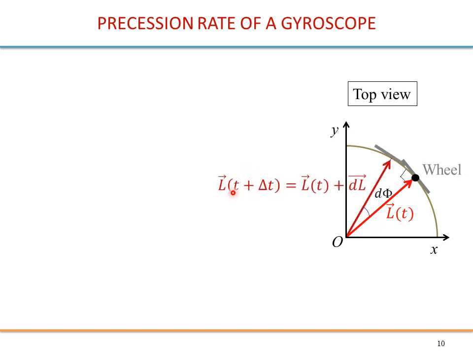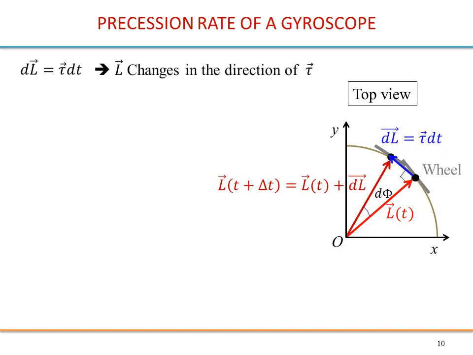At a time t plus delta t, L has changed, so our system has rotated by angle d phi, and L now is L plus dL. So the new momentum here is the original momentum plus the change.